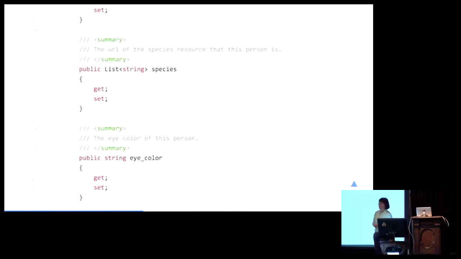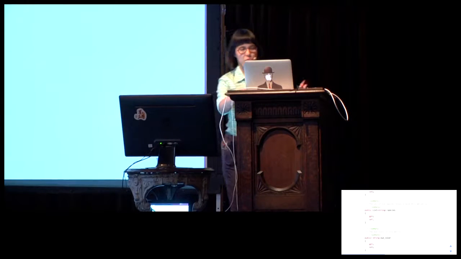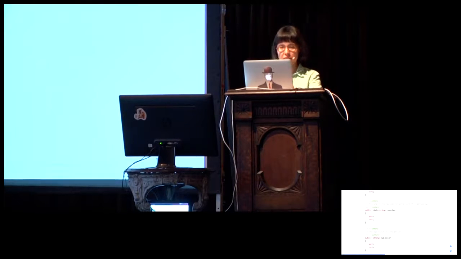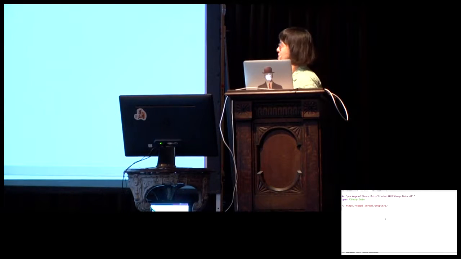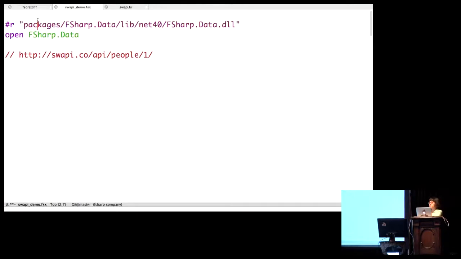So let's have a look at how something like this looks in F#. And I have a demo for that. If you go to the SWAPI website, you get quite a lot of example requests with example responses, and it returns data in a JSON format. So I will use something called type providers.